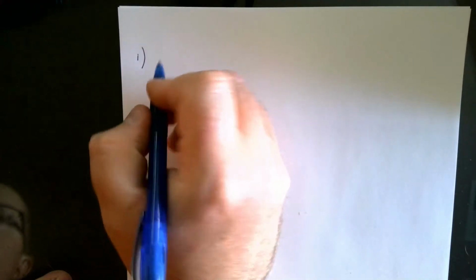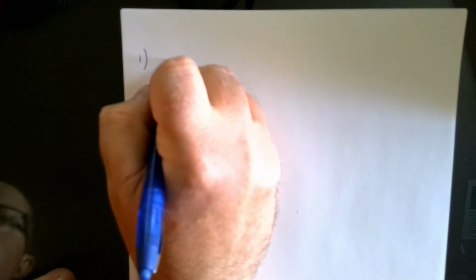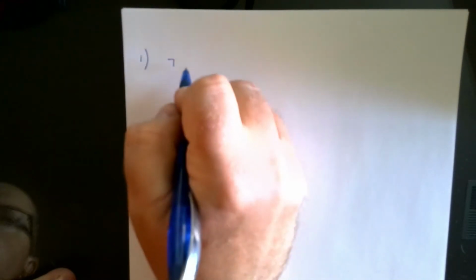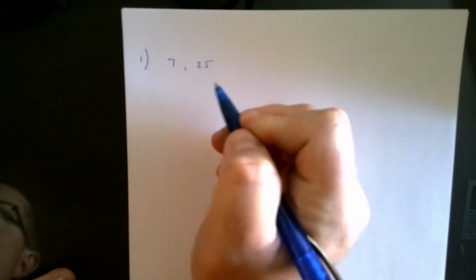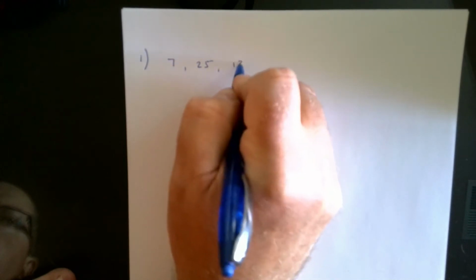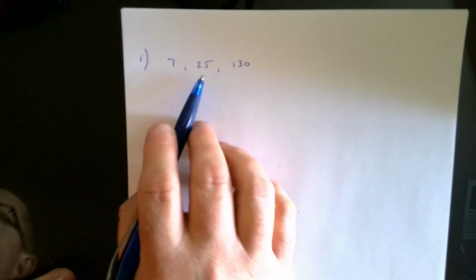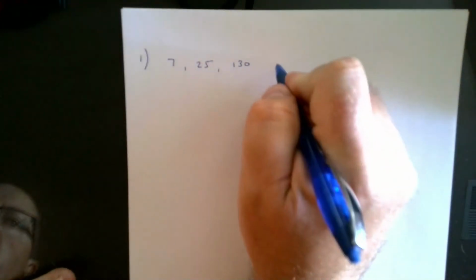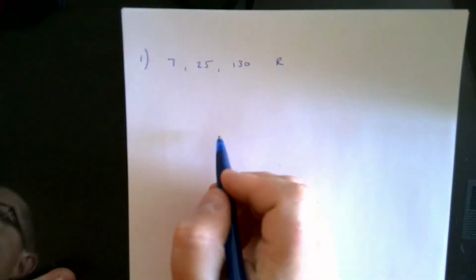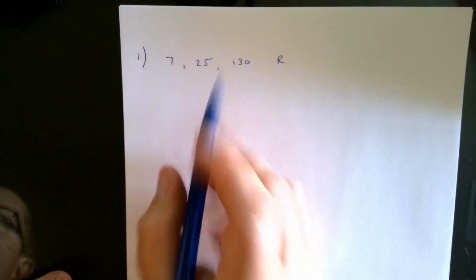So if we start with just whole numbers, such as 7, or 25, or 130, it doesn't matter what the whole number is. As long as it's a whole number, it is rational, even if the whole number is negative.